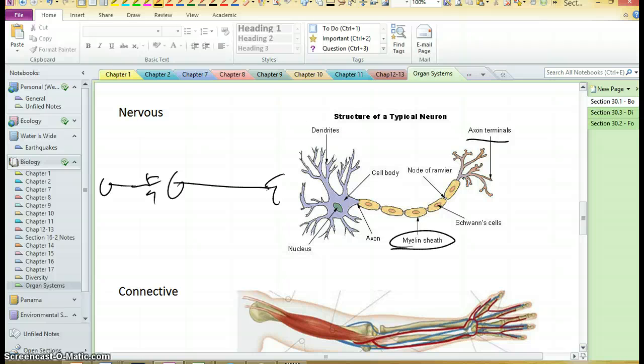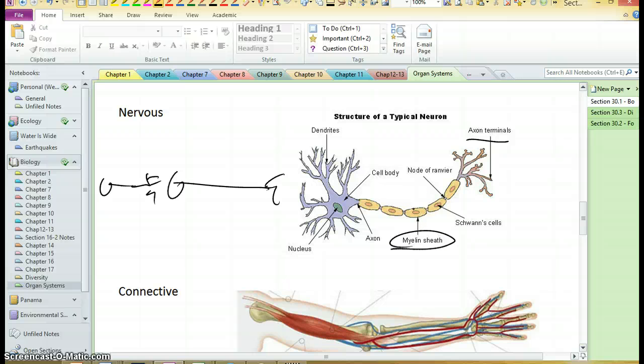And so the myelin sheath is somewhat the same way, because a nerve impulse is basically an electrochemical event.